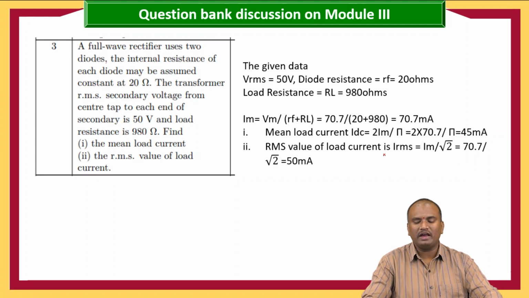And the RMS value of load current is equal to Im by root 2. Here the Im value we got is 70.7, divided by root 2, which gives us 50 milliamperes.